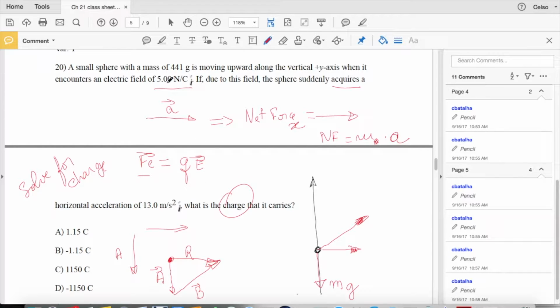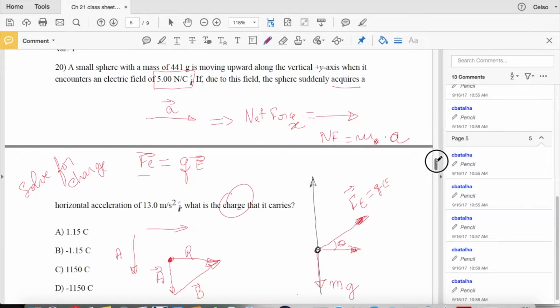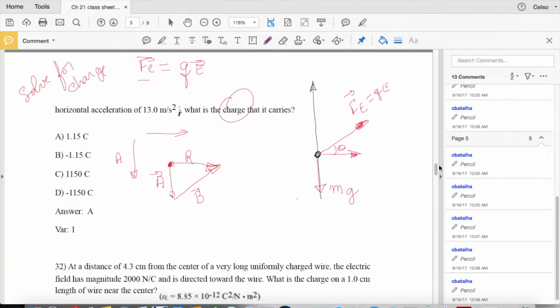So if we define the direction of our electric field, then we know the direction of the electric force. We don't know the direction, so we call it an angle theta. That's the beauty of algebra.